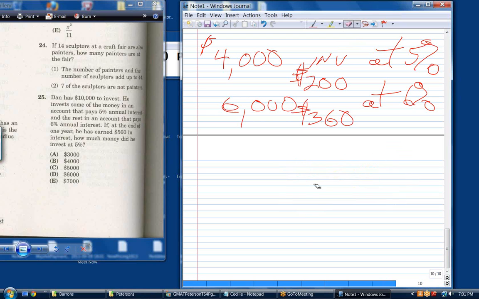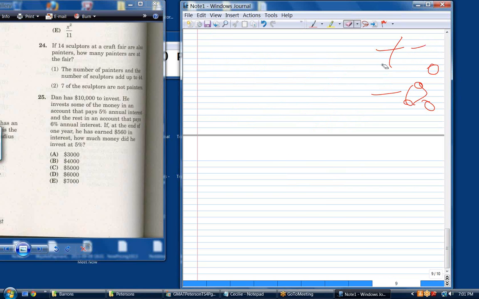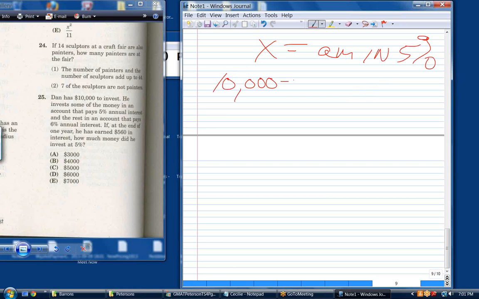Yeah. Okay, let me show you the algebraic way, real quick. We let X be the amount invested at 5%. Then the amount invested at 6% is 10,000 minus X. Okay?